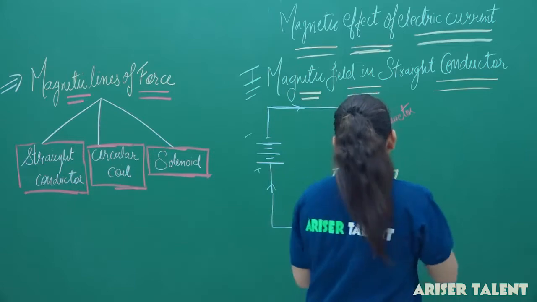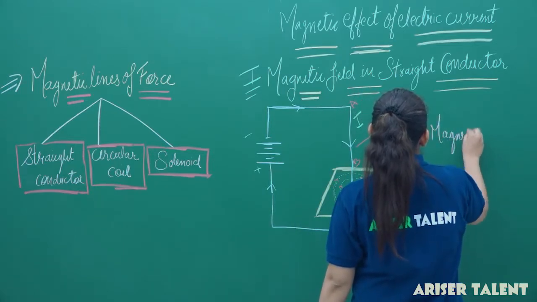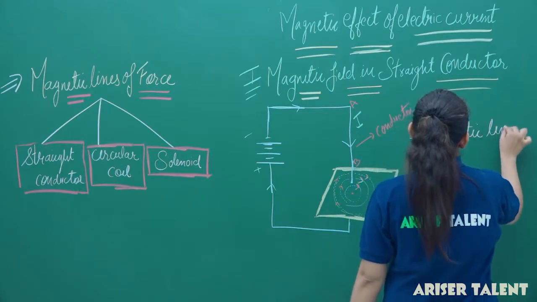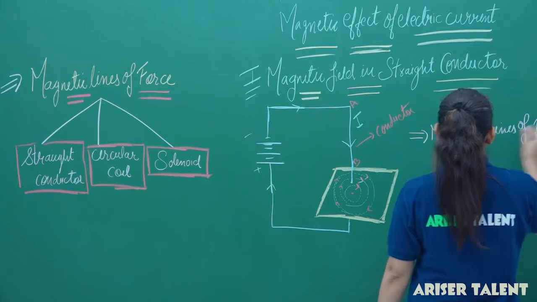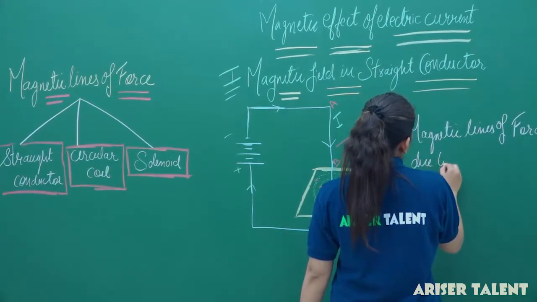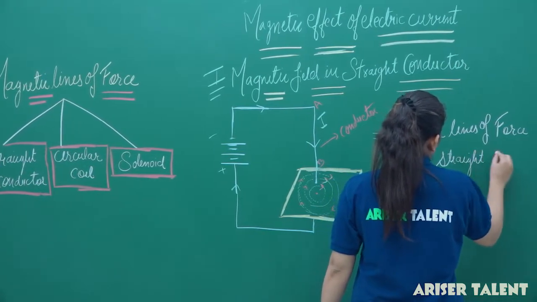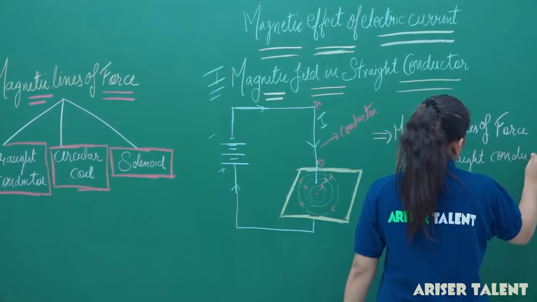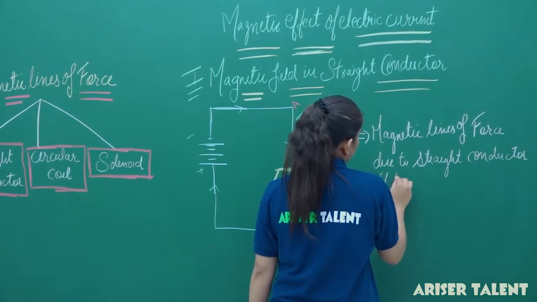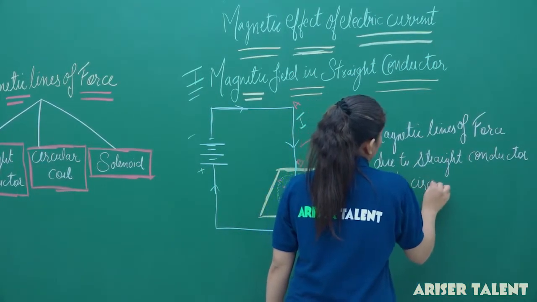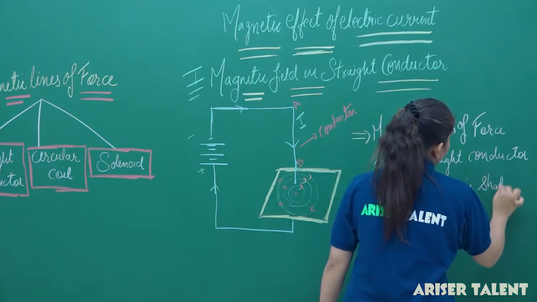So I can write here: magnetic lines of force due to a straight conductor will be circular in shape.